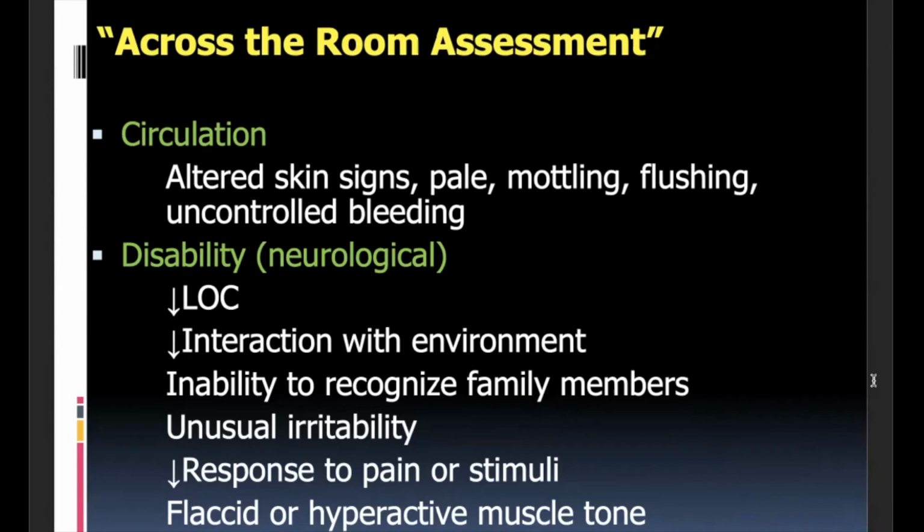If during the assessment you see uncontrolled or external bleeding, we need to apply direct pressure to the wound of the client. Remember that blood is a body fluid from the patient.